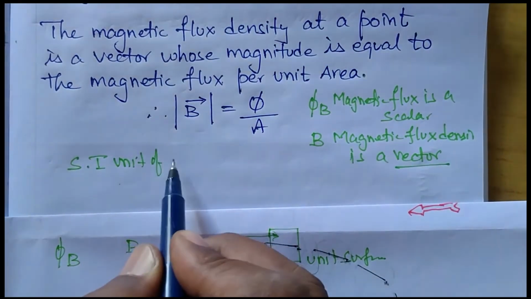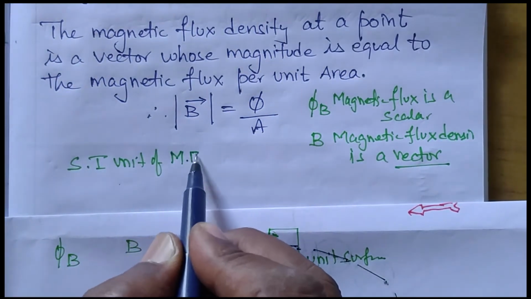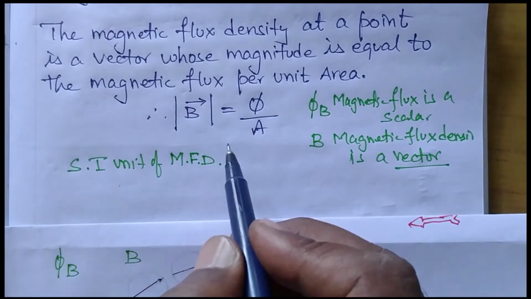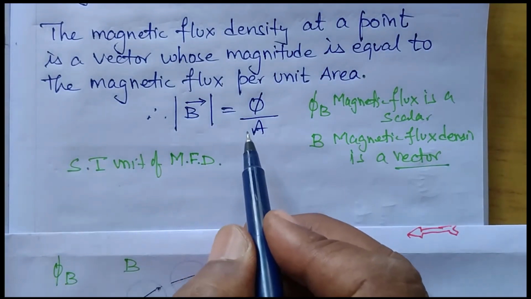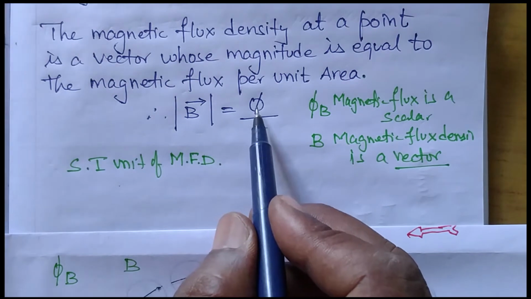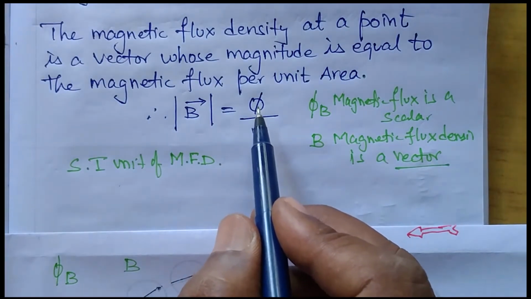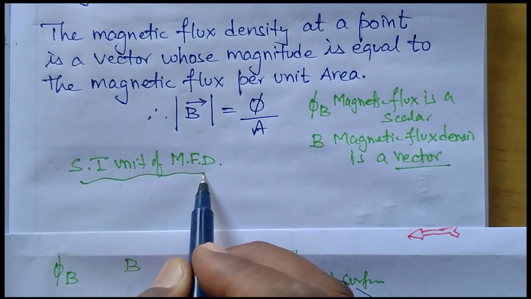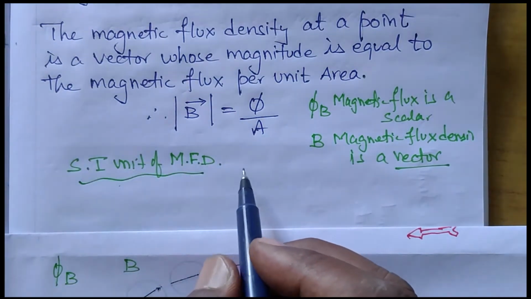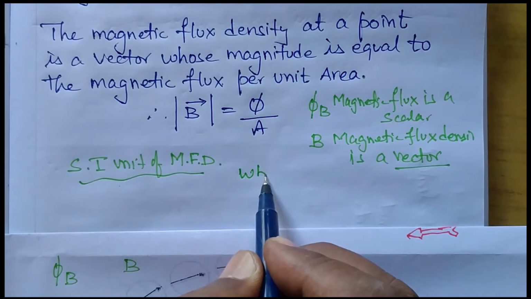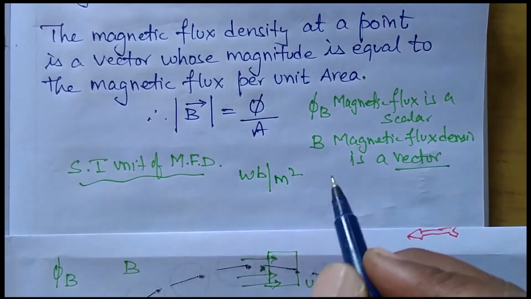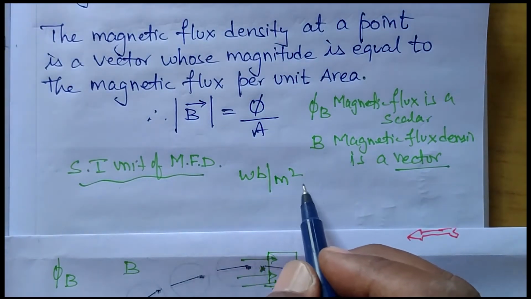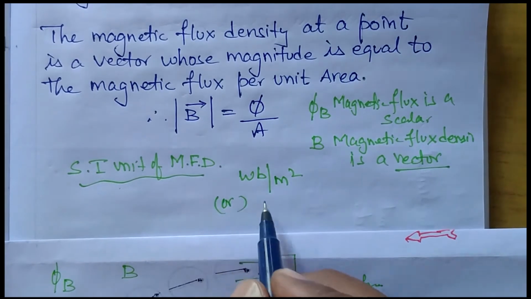Now, what is the SI unit of magnetic flux density? Flux is measured in Webers, and area is measured in meter squares. Therefore, the SI unit of magnetic flux density is Weber per meter square. We have studied that Weber per meter square is also called Tesla.